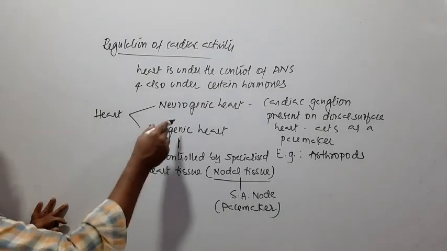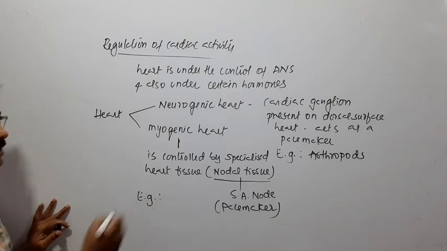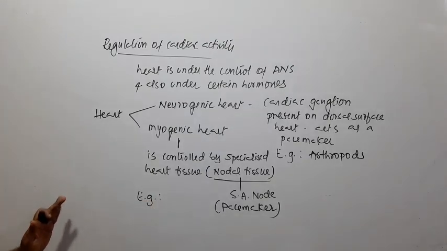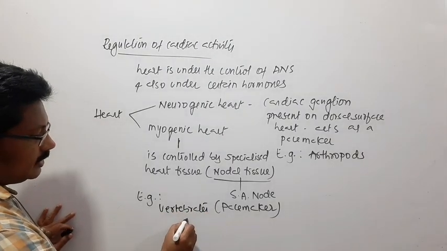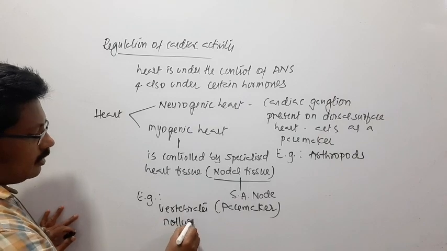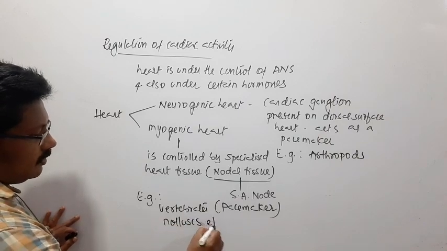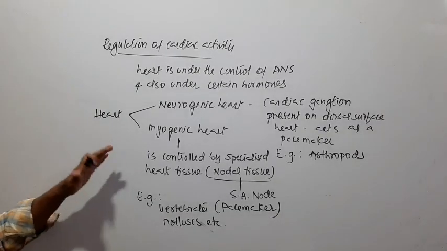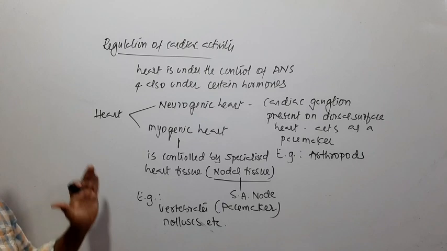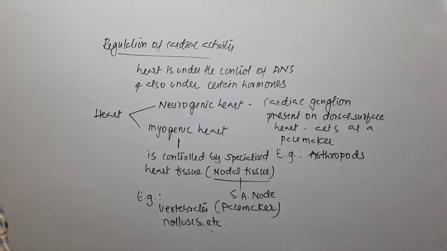Now, for example, the myogenic heart you will find in almost all vertebrates and mollusks, etc. So even if you remove the heart from the body, the myogenic heart will go on contracting and relaxing. If we provide certain conditions, it can go on for a few hours contracting and relaxing out of the body.